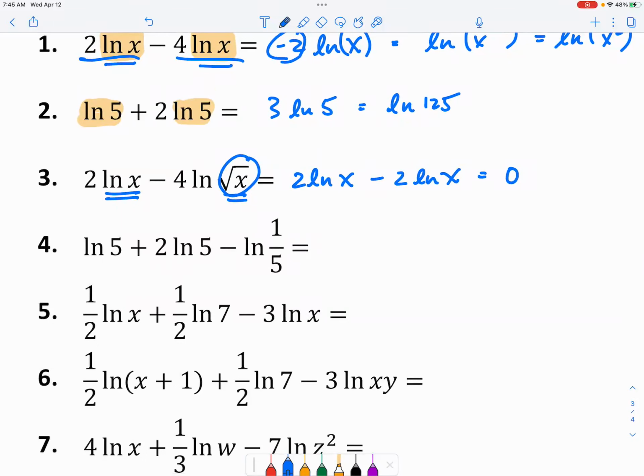Something that should spark your interest would be the appearance of natural log of 5, except that the third term is not exactly natural log of 5. So what can you do? 1/5 is equal to 5 to the -1 power.